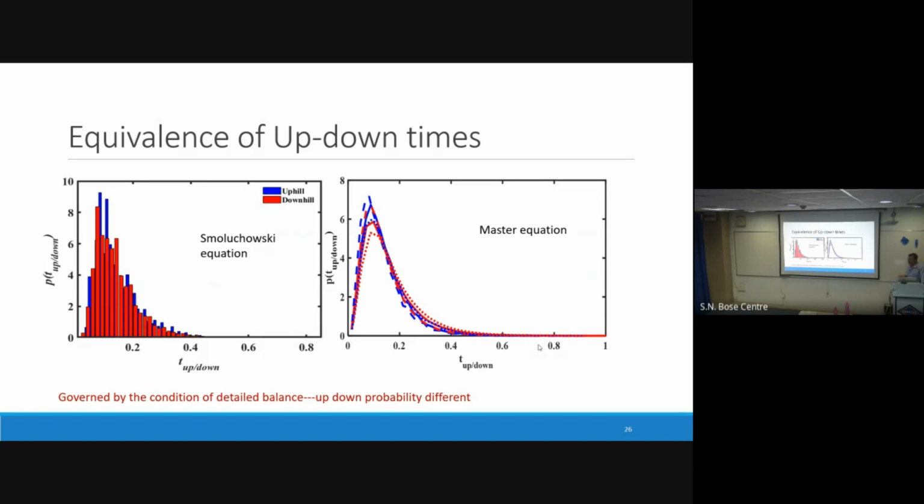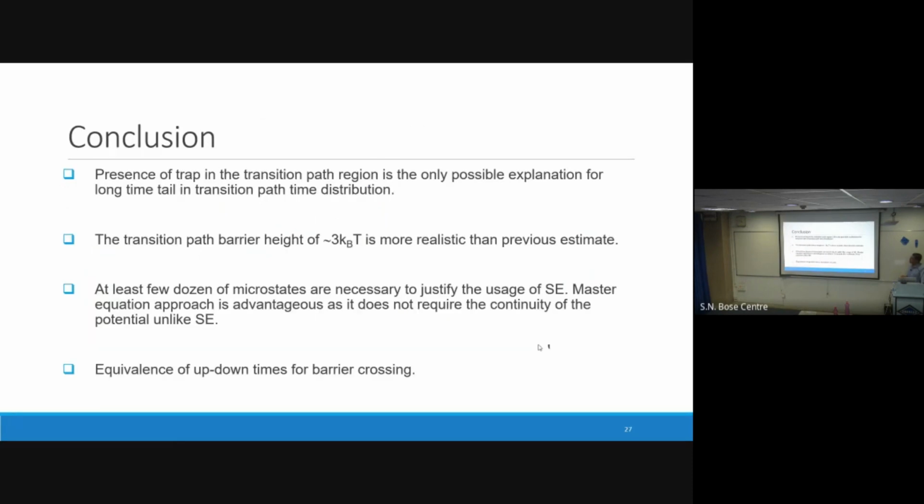Then one will break the detailed balance or time reversal symmetry, and one will get different times for the forward and backward processes.